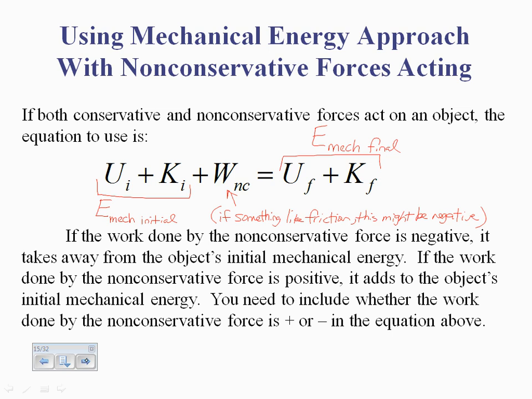You either have a non-conservative force that does positive work, which increases the mechanical energy, so your final mechanical energy is going to be bigger than your initial mechanical energy, or you're going to have a non-conservative force that takes energy away or does negative work on the object. In that case, your final mechanical energy will be less than your initial mechanical energy.